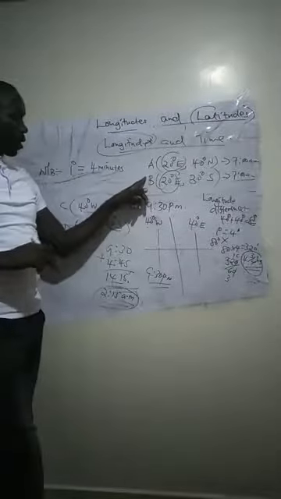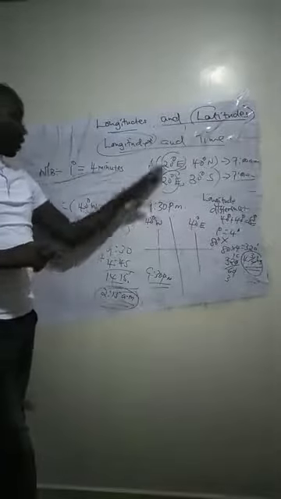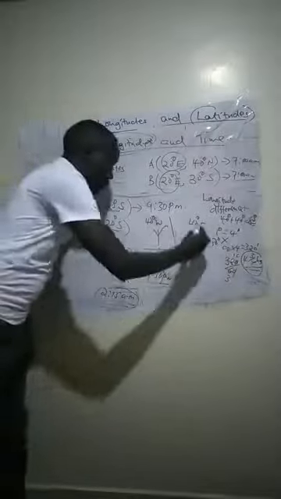So the first thing you need to figure out is the longitude difference. If they were in the same longitude, the time would be the same. But for this one, the longitude for the first town is 40 west, the longitude of the other one is 40 east. So they are in different longitudes, so the local time will be different.